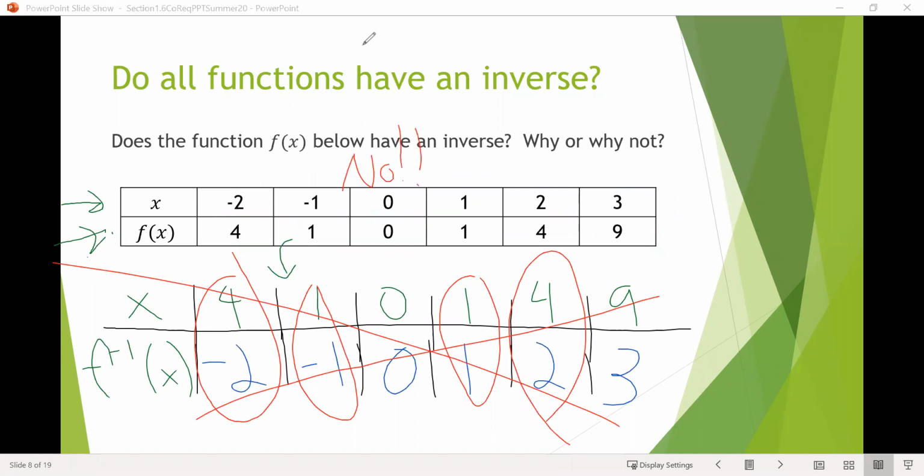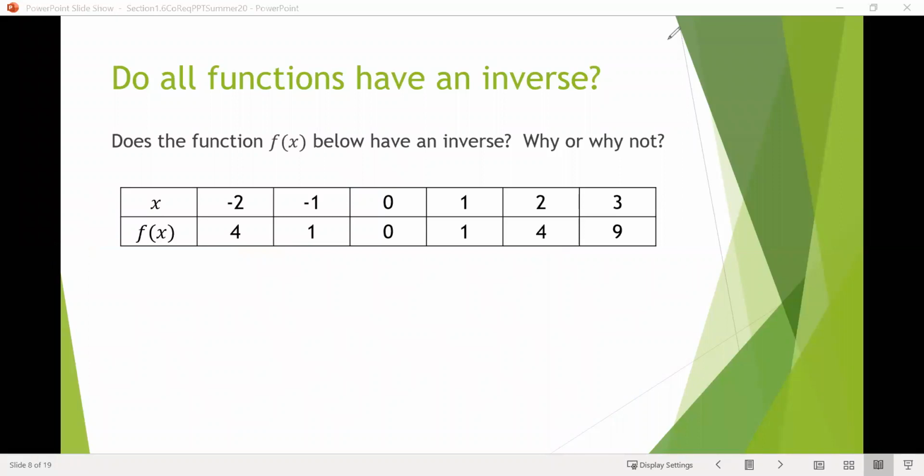Okay, so why does it not have an inverse? Why is this function not invertible, is what we say sometimes? Well, do you notice anything about the outputs in this function? Yeah, they look like they are repeated down here, right? So for example, I see 4 here and 4 here, 1 here and 1 here. So we have multiple inputs that go to the same output, which means this function is not what?